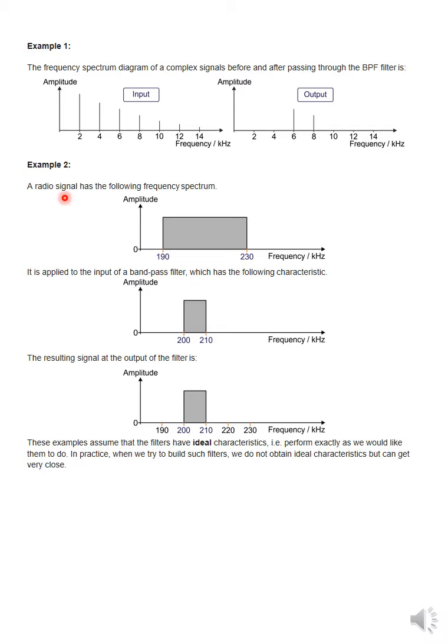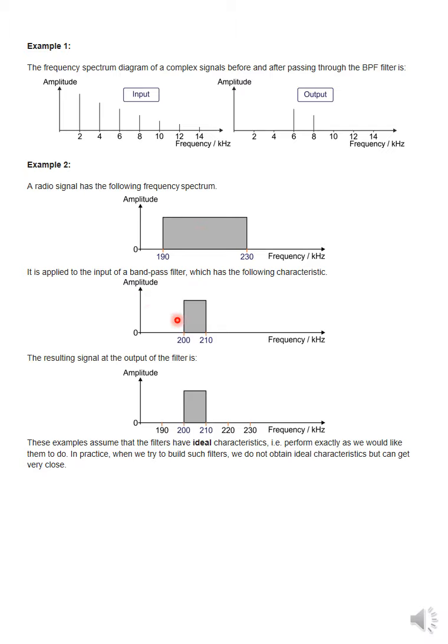Now for example, a radio signal has the following frequency spectrum. It is applied to the input of a band pass filter which has the following characteristics. So this is your input, this is your filter. If you multiply them, remember, suppose the amplitude here is 2 and the amplitude here is, let's say, 4.